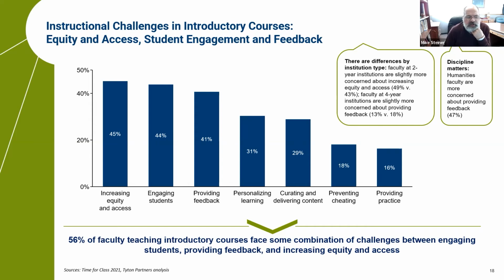Yeah, I was just going to comment. I understand the reason these percentages came out the way they did, although preventing cheating is a really curious item by itself. I think increasing equity and access is the starting point, although from an instructional perspective, there's more of an institutional level to that. Economics and finance, for example.